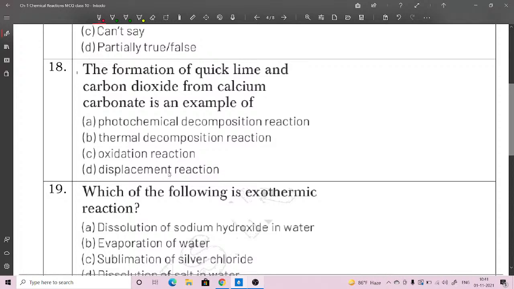When you heat calcium carbonate, you get calcium oxide plus carbon dioxide. So it is getting decomposed, and because you are using heat, it's an example of thermal decomposition reaction.